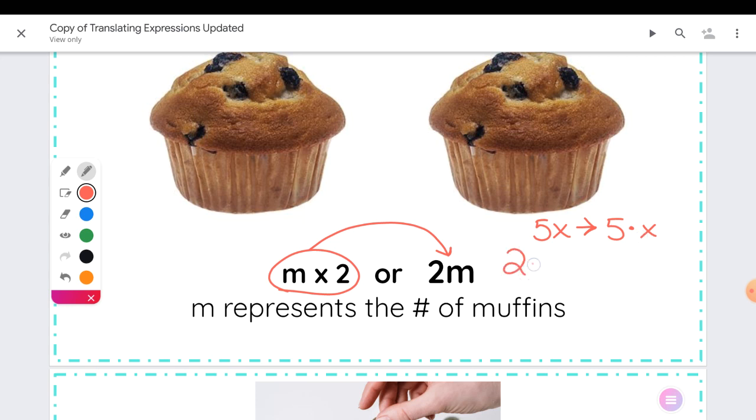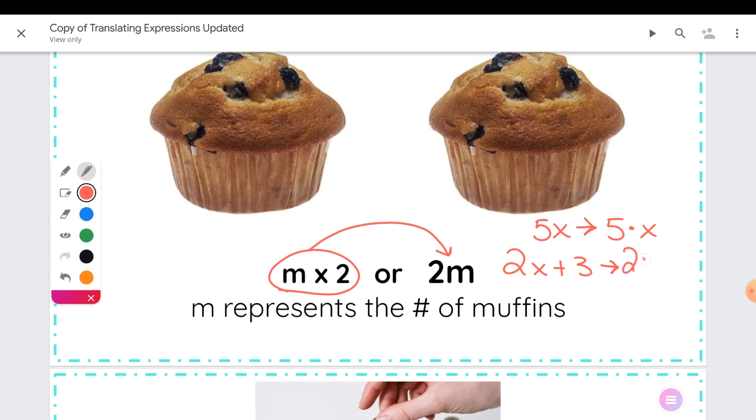What if we have 2x plus 3? That's a different expression. What math problem is that showing me? Chase, what math problem do you think that's showing me? 2x plus 3. Haley? 2 times x plus 3.